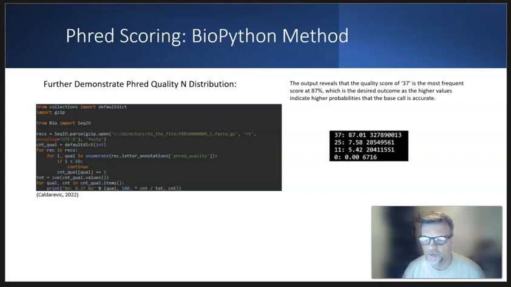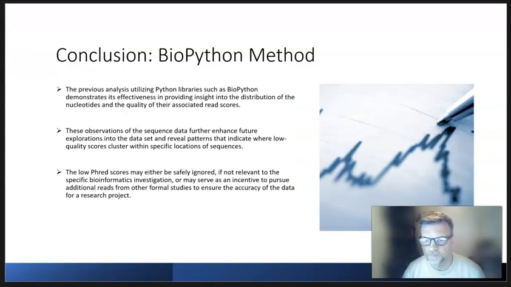The output reveals that the quality score of 37 is the most frequent score at 87%, which is the desired outcome, as higher values indicate higher probabilities that the base call is accurate. However, other quality scores remain, such as 25 and 11, and notably the 0 score, which is of little to no value in terms of an accurate read.